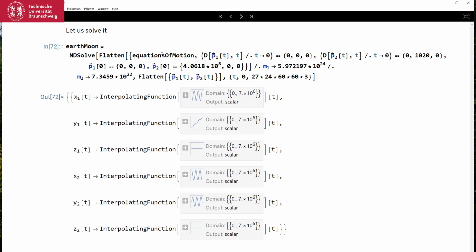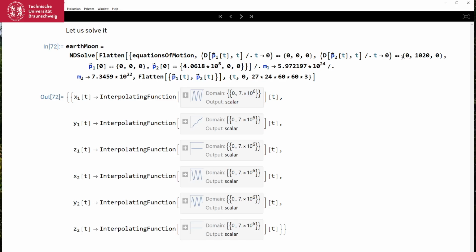There are no boundary conditions, sorry. In this case, there are no boundary conditions, but initial conditions. Yeah. And so we put a new list starting with the list of partial differential equations, and here the initial conditions.